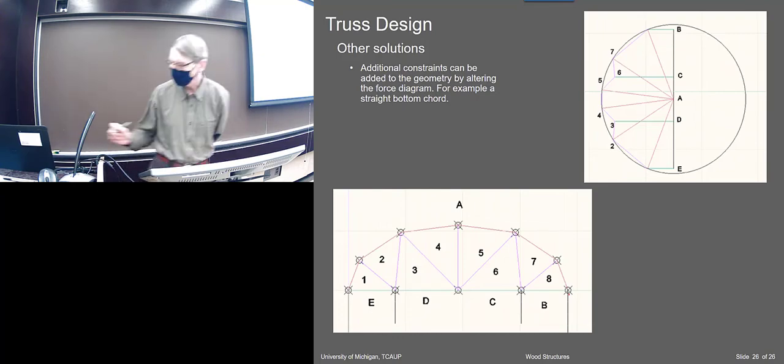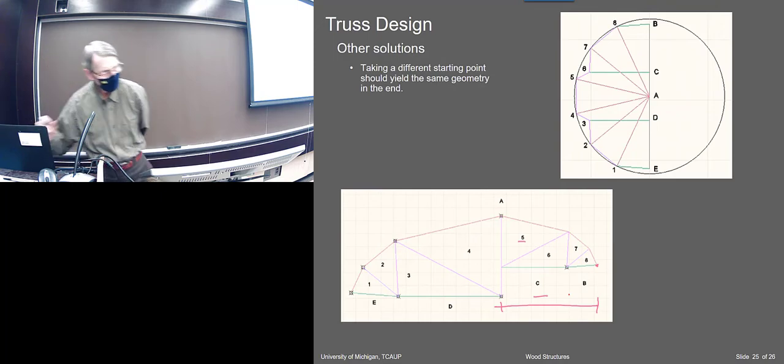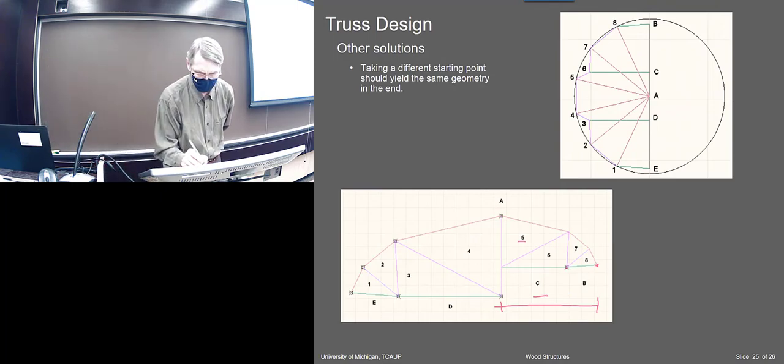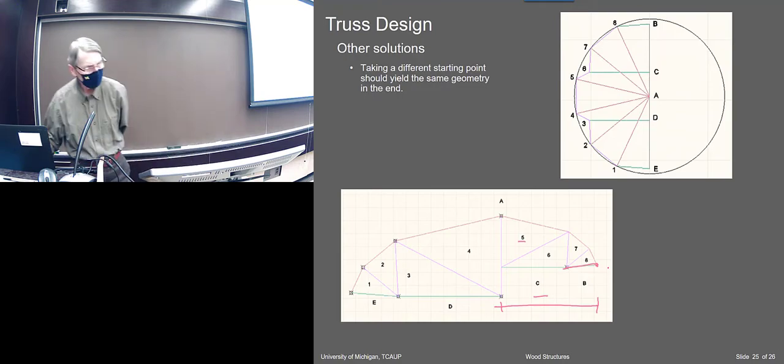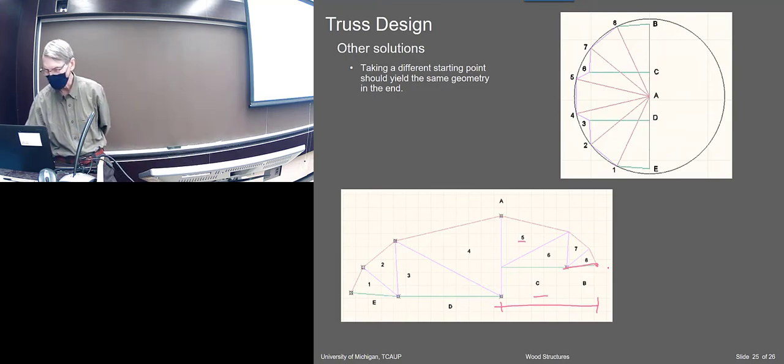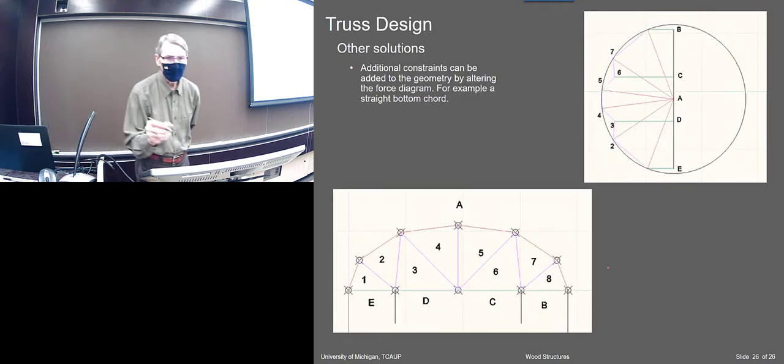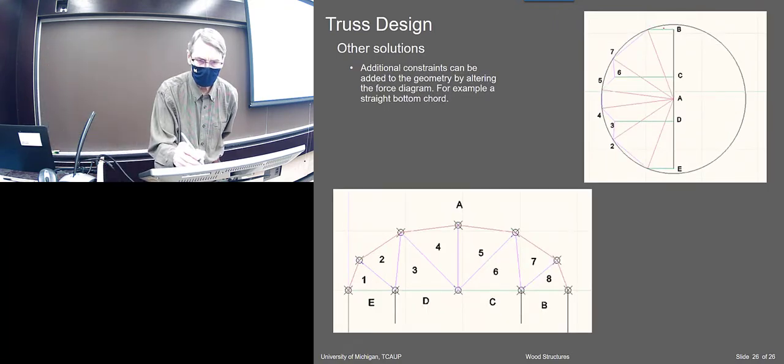In this last one, I thought it was kind of dumb that on the end it has a slope. The bottom chord was not flat, so I went back and changed that. I think it was going up like that, and I just moved this point down to there so that it would be flat.